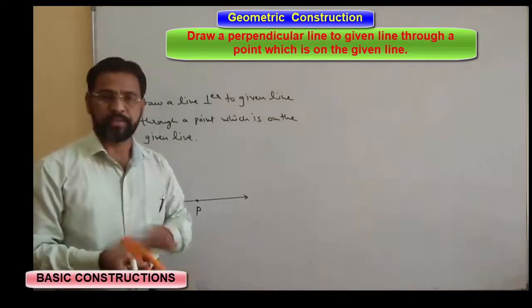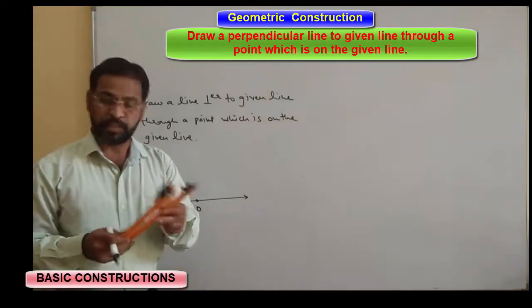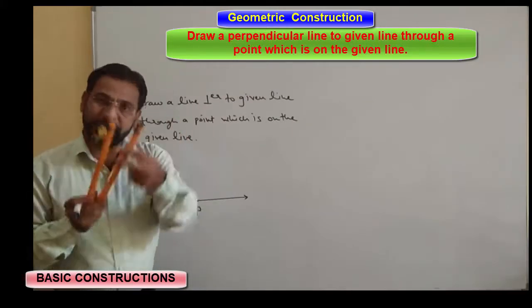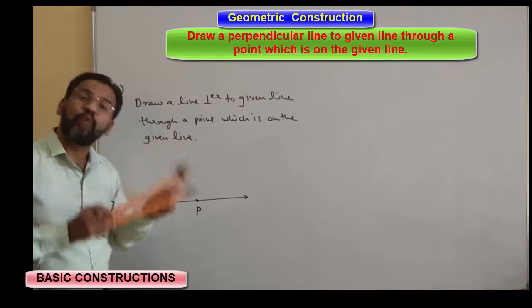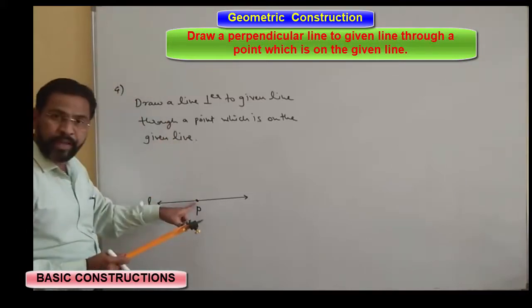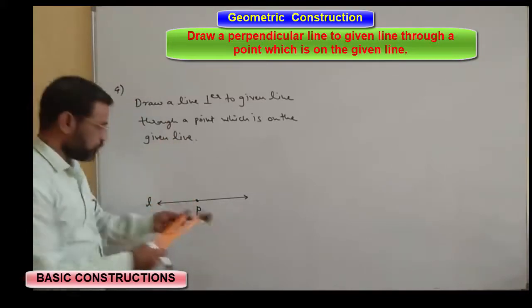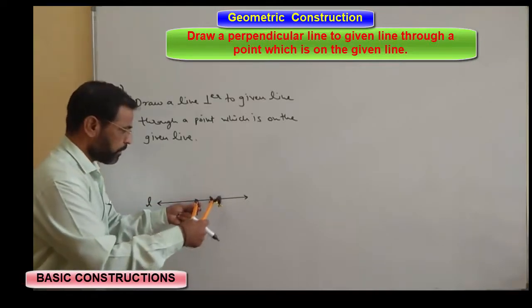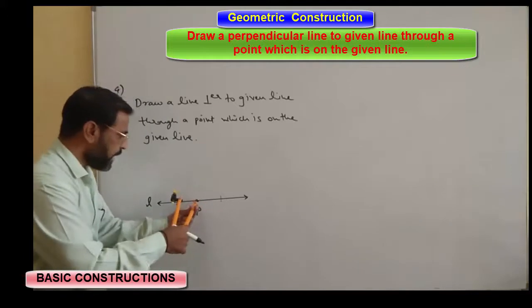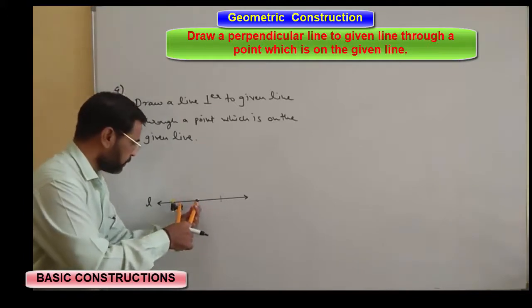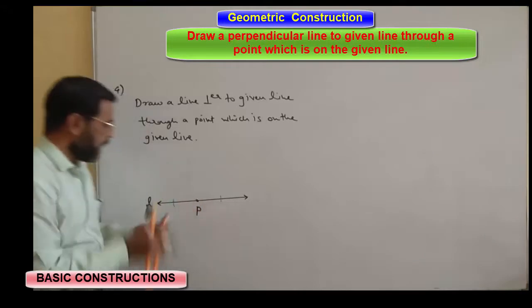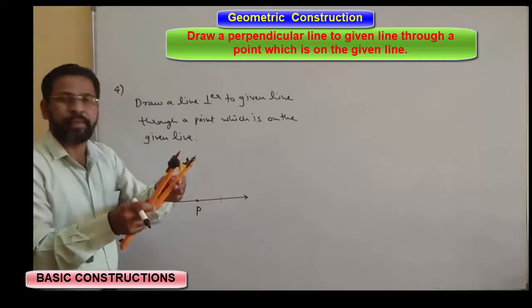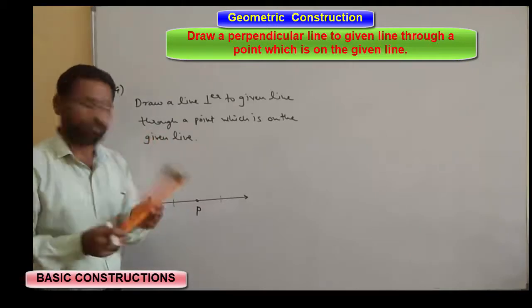Okay, see friends, here with this compass, I will take some distance, and by this distance, I am going to draw two arcs through point P, to this side and to this side also. Look here, like this one. Now after drawing these points, I will extend the distance in this compass.